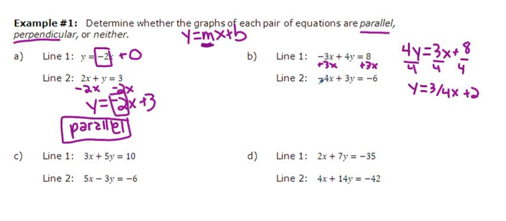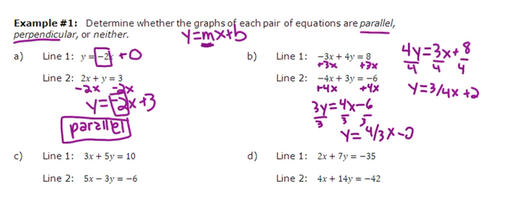Over here, I would have to add 4x. So I have 3y equals 4x minus 6. And then I divide by 3. So I have y equals 4/3 x minus 2.